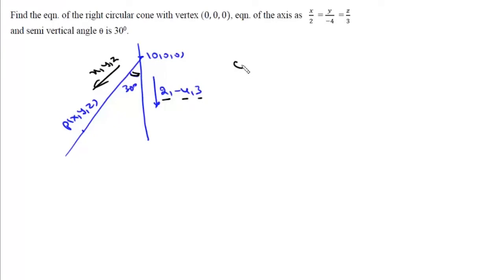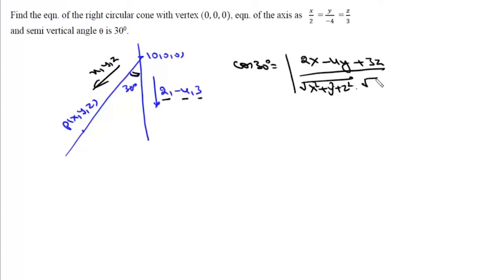So we can write cos 30 as (2x minus 4y plus 3z) upon under root of x square plus y square plus z square, into, now this is 4 plus 16 plus 9, that is root 29, and this is equal to cos 30, and cos 30 is under root 3 by 2.